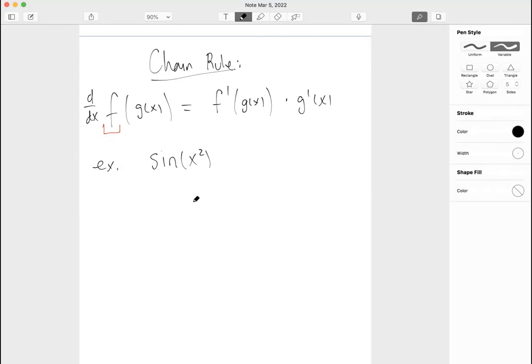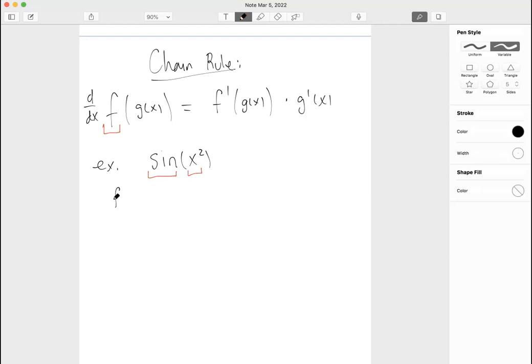So this is a composition of two functions, right? We have sine and we have x squared. It's not multiplication, it's not a quotient, it's not any of those, but it's literally a composition.